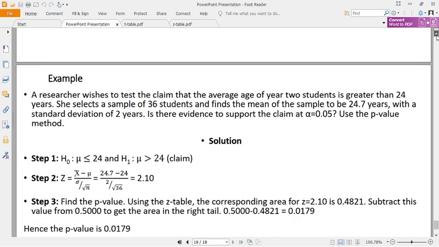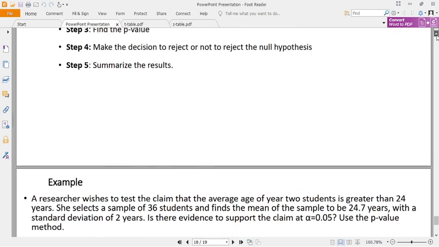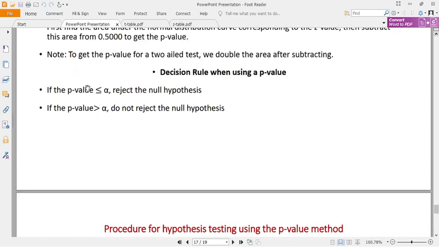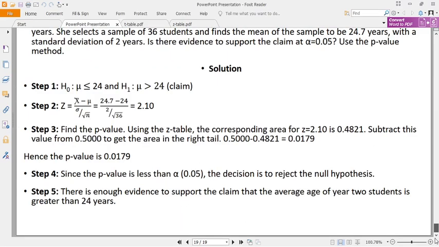So remember the decision rule. Taking you back here, when p is less than or equal to alpha, we reject the null hypothesis, and when p is greater than alpha, we do not reject the null hypothesis. So we are going to base on the value of p to make a decision. So is p greater than alpha, where alpha is 0.05?